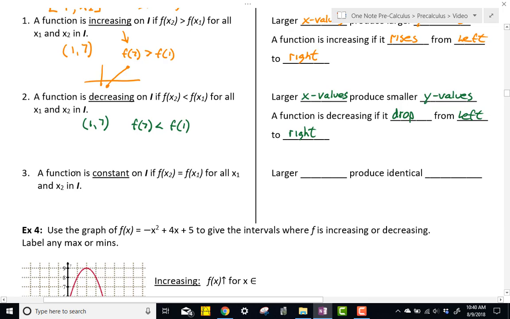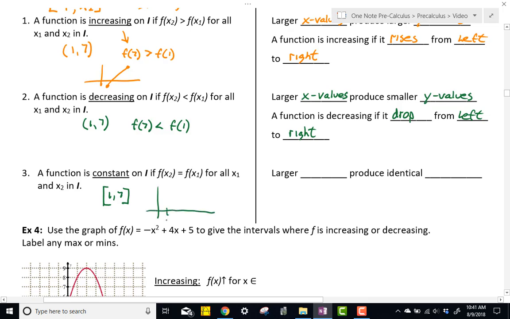And constant. A function is constant on an interval if f of x2 equals f of x1 for all x1 and x2. So again, using my example from above, let's say we were on the interval 1 to 7. Actually, the way I'm doing this, these probably should be square brackets, but let's say we're on the interval from 1 to 7, and we were to plot these 2 points. Okay?